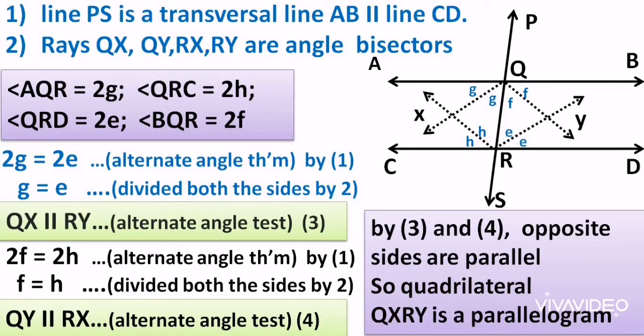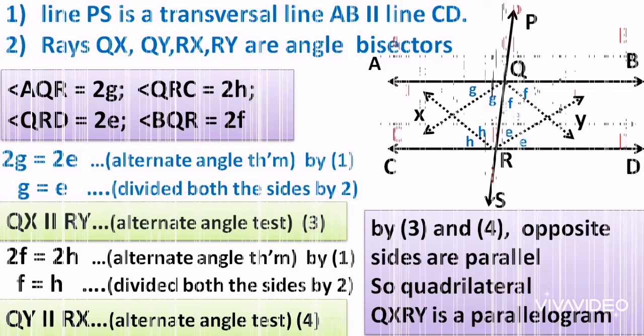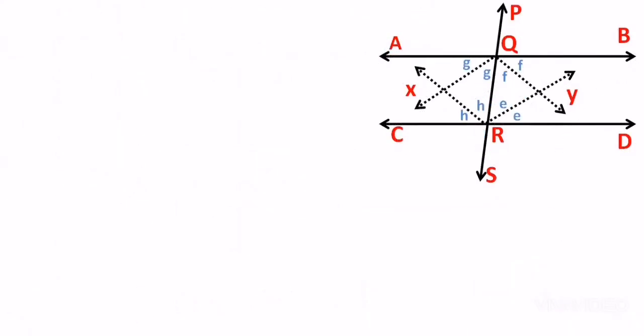Okay, so for that part I will consider the triangle XQR or triangle QRY, any one of them, and I'll try to prove angle X or angle Y equals 90 degrees. Okay, so let's move on. So what does the question say? What does the procedure say now? I know already angle AQR is 2G and angle QRC is nothing but 2H, right? These two are interior angles, right?